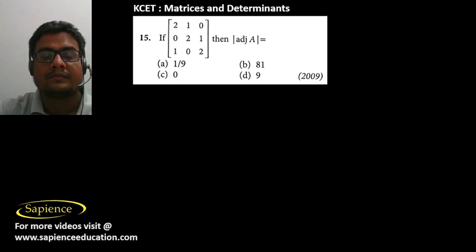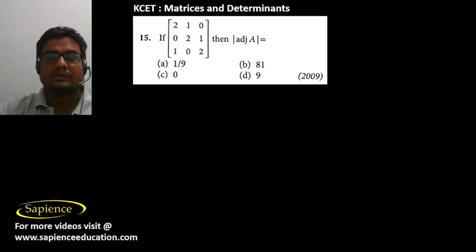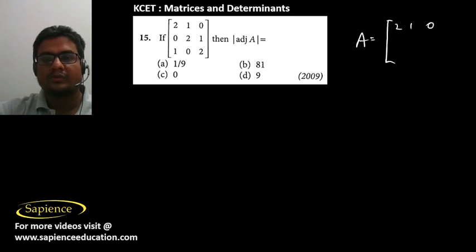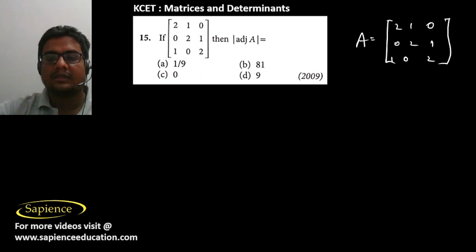Then question number 15, it is told that if the matrix A is given as 2 1 0 0 2 1 1 0 2, then the determinant of the adjoint of A is how much?